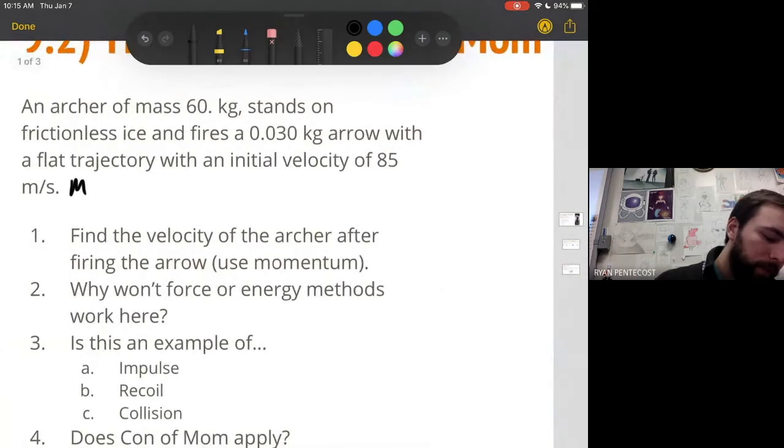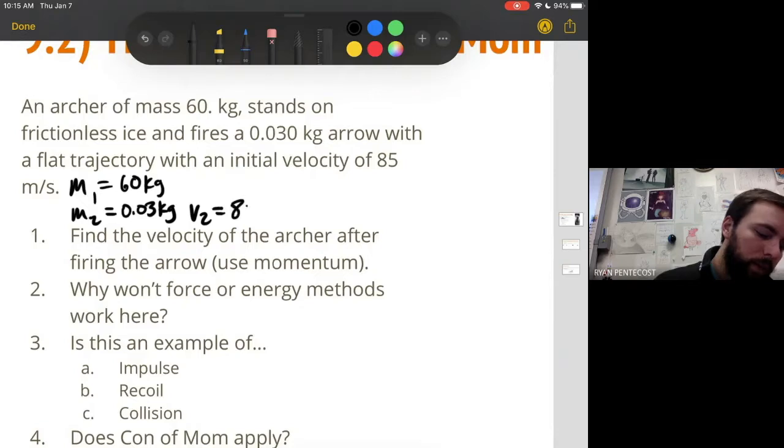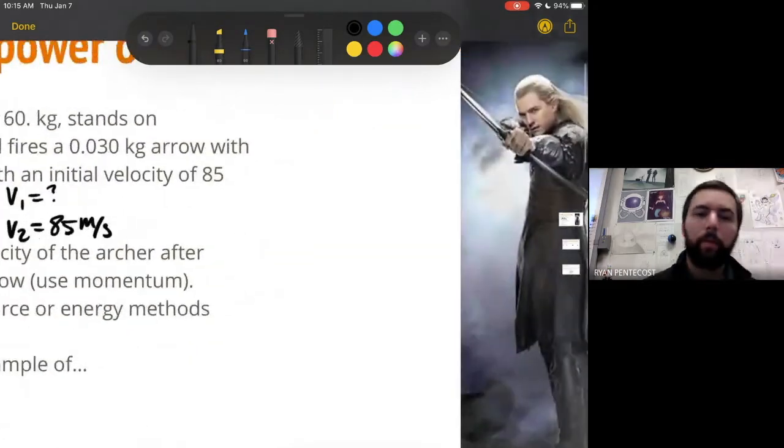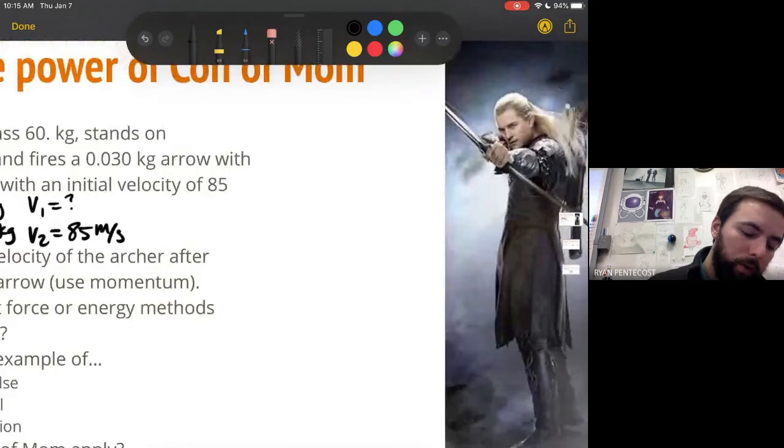We have mass 1, we'll call the archer number 1, is 60 kilograms. Mass of the arrow is 0.03 kilograms, and the velocity of the arrow is a whopping 85 meters per second, and we want V1. So to set up this equation, in this scenario, they start off not moving, and then they suddenly start moving.